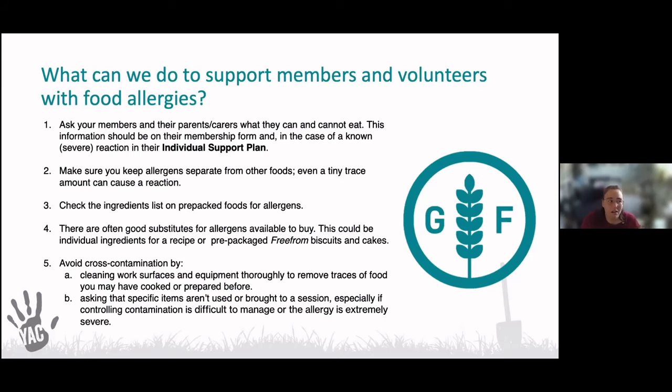There are some really great substitutes, and this goes for allergies and intolerances as well. You can get free from biscuits and cakes. So if someone's allergic to gluten or intolerant to gluten, you can get free from. Avoid cross-contamination, basic food hygiene there.